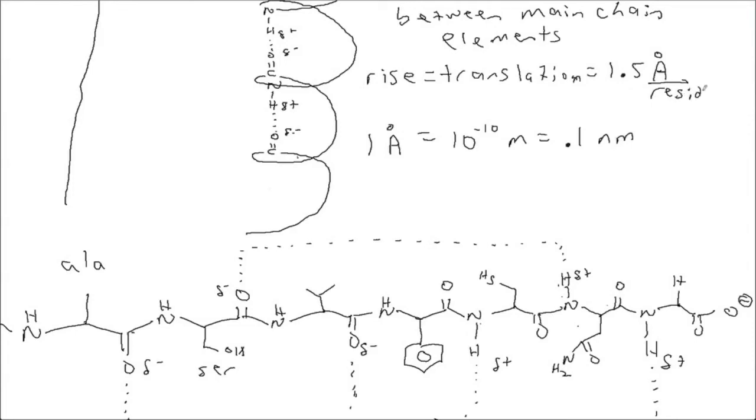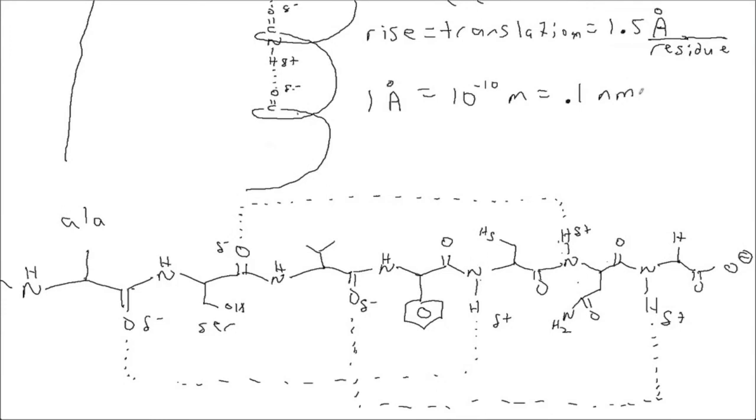Oh. Like this. So there's no 7. I think you must have misinterpreted my handwriting there. So how much higher would the serine be than the alanine? 1.5 angstroms. Right.